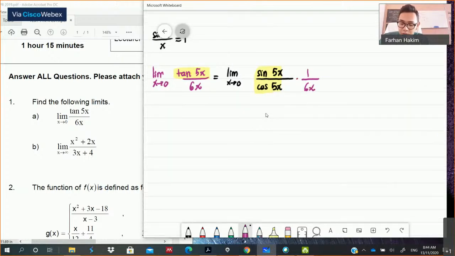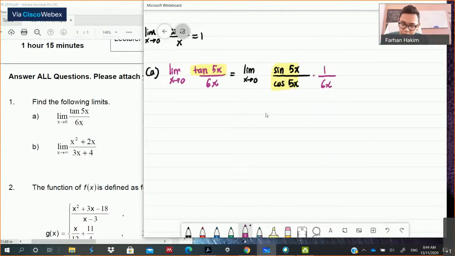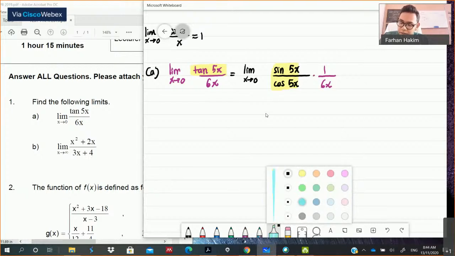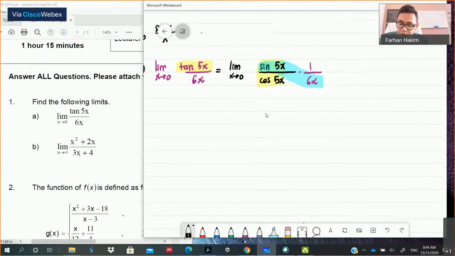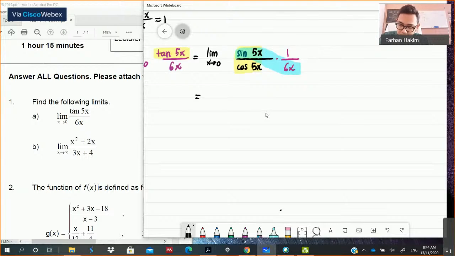Now we have to put sine 5x together with 6x so that we can use the squeezing theorem. Suppose we have a limit as x approaching 0 of sine of 5x over 6x, and that cos 5x will be at the other side.